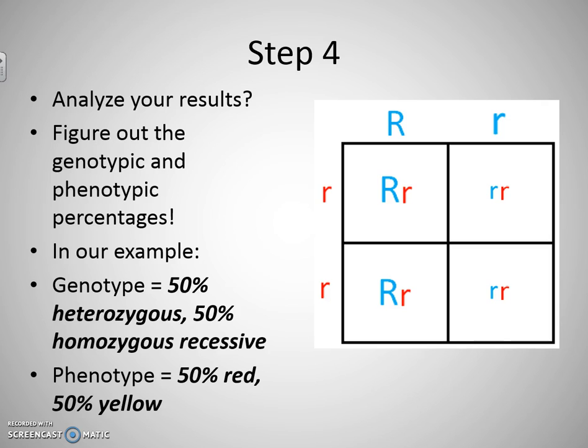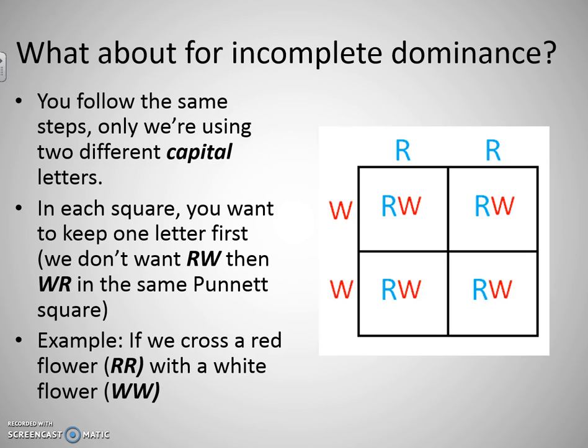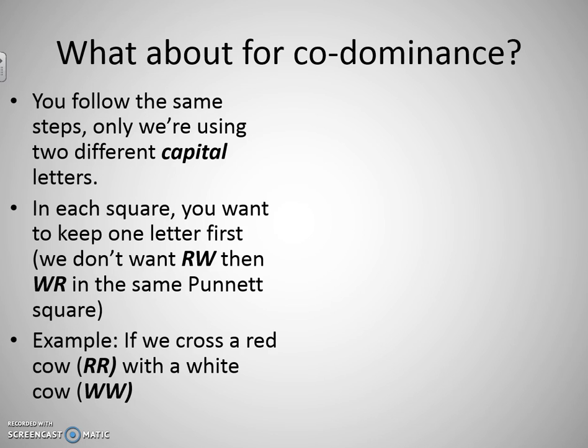Alright, for incomplete dominance, we're going to follow the same steps, only remember we use 2 different capital letters. So in this case, if we had, let's say, a red flower crossed with a white flower, the red flower, the gametes are going to be all big R, the white flower, the gametes are going to be all capital W. Then we're going to get 100% individuals with the genotypes big R, big W. So what do those look like?